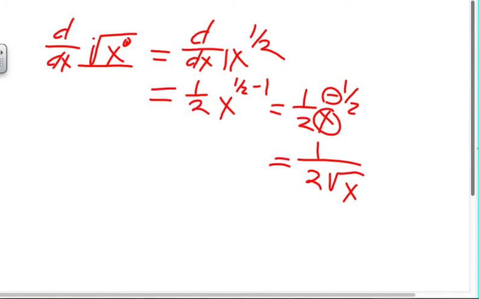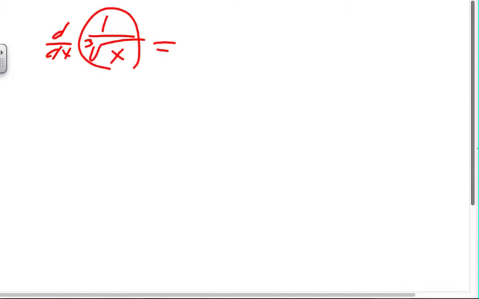Okay, let's work on another one here then: 1 over the cube root of x. Again, I've got to rewrite this. It's going to be x to the negative 1/3, because that's in the denominator. And then I take the derivative, using the power rule.